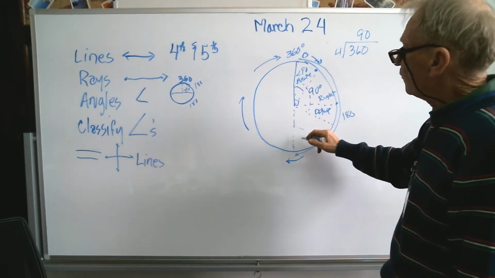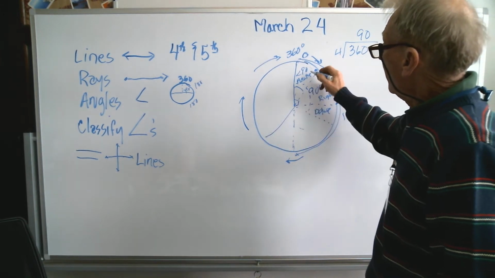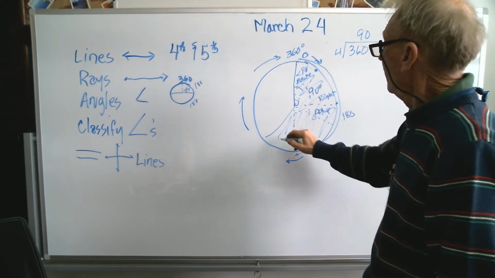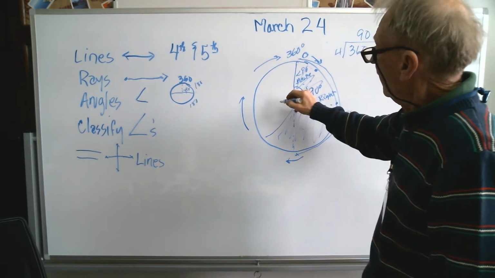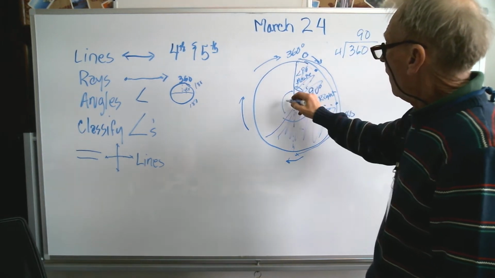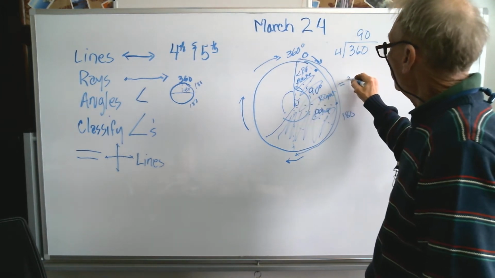Then it becomes a straight angle, and it can continue around. If this is your angle, you have an angle here, and then you have an angle here. Both of those angles together are going to equal 360 degrees.